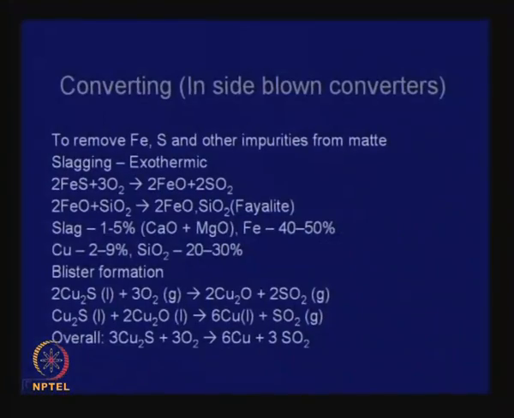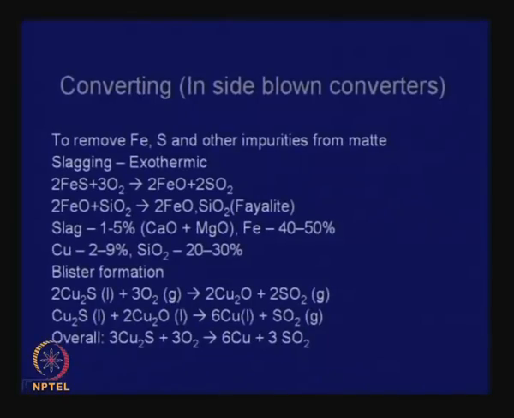Why it is from the side, I will discuss a little later. And once we start doing that, we automatically will produce blister copper. Blister copper means, because once that copper is formed and is solidified, and if it is broken, it has a structure like blisters. There are lots of holes. So, that is why it is called blister copper.